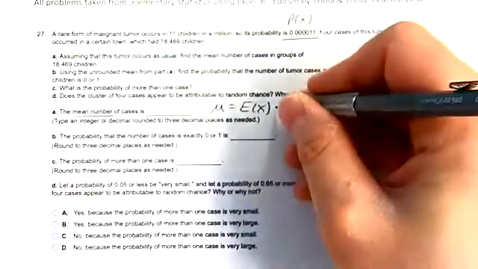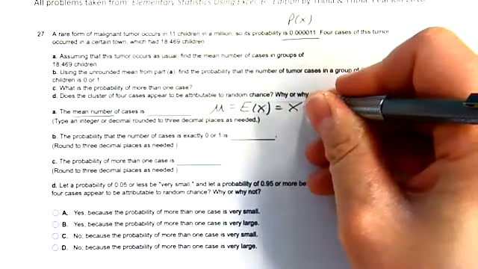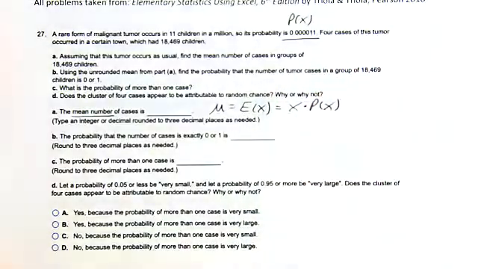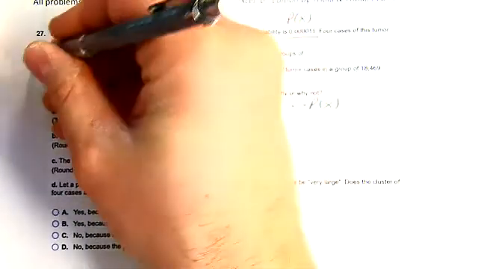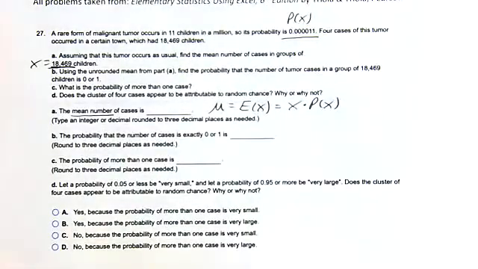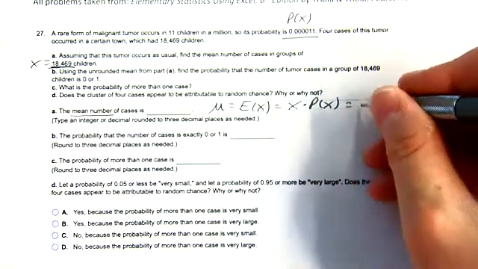And expected value is equal to x times p of x, which we've seen several times today. Well, we know p of x, it's this really small number, and x in this case is the number of children. So x is 18,469.